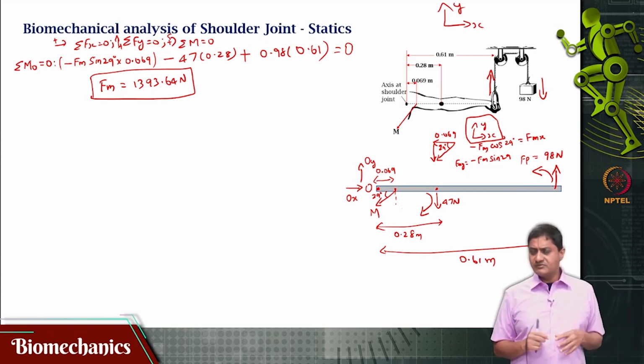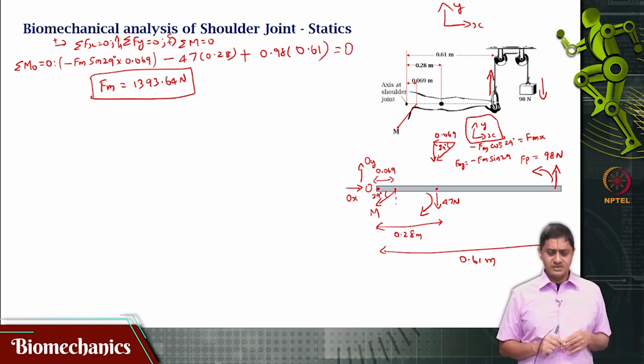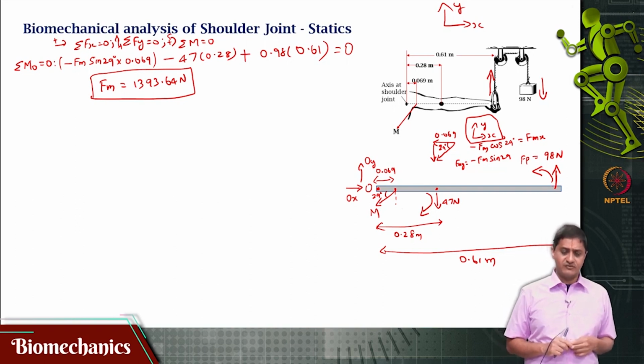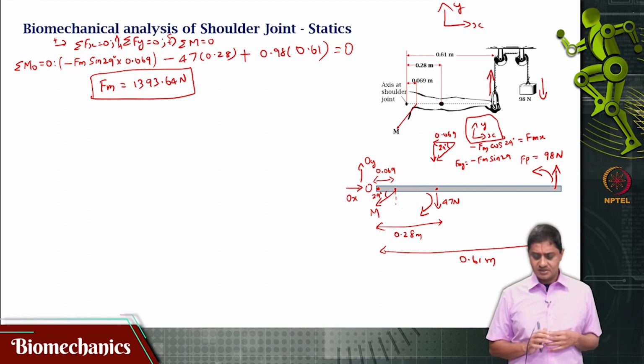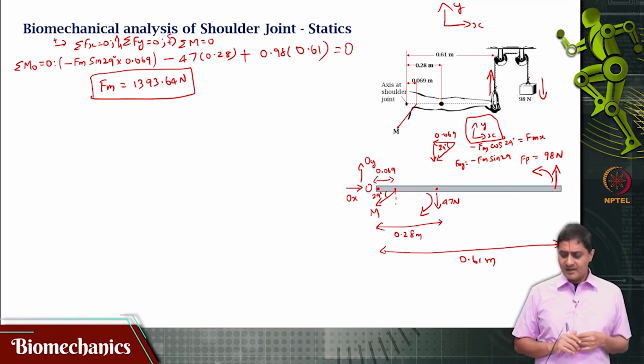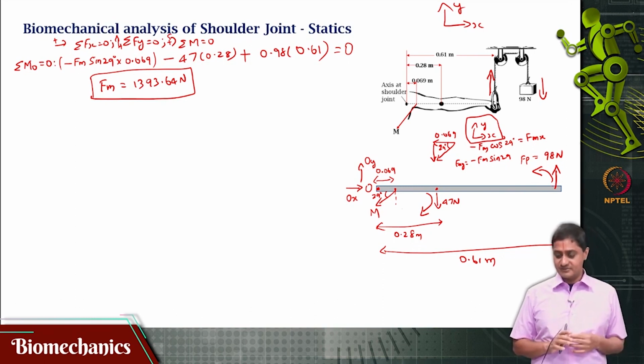Let us look at the load that will have to be overcome, that is 98 newtons. The muscle force is about 14 times as much, 1394 newtons. So, it is a lot of newtons. Why is this happening? Again, the point at which the muscle force is acting is rather inconvenient, and the angle at which it is acting is also inconvenient.